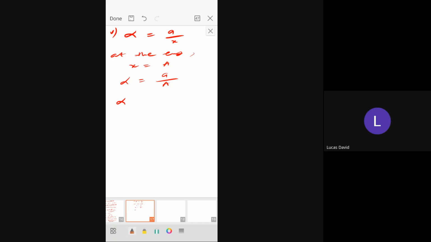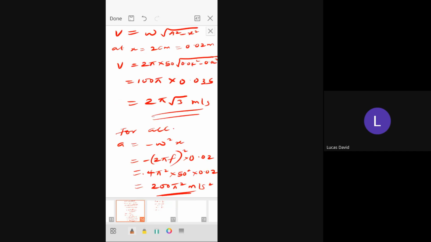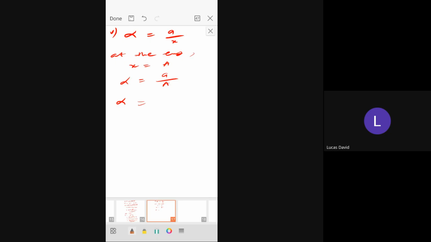And then alpha, I already found my a to be 200π². So this is going to be 200π² divided by A, and our A is what? 0.04. And anything you get from this result becomes mine.